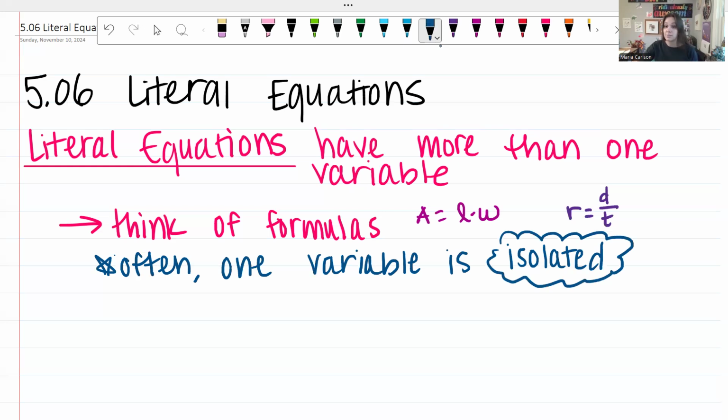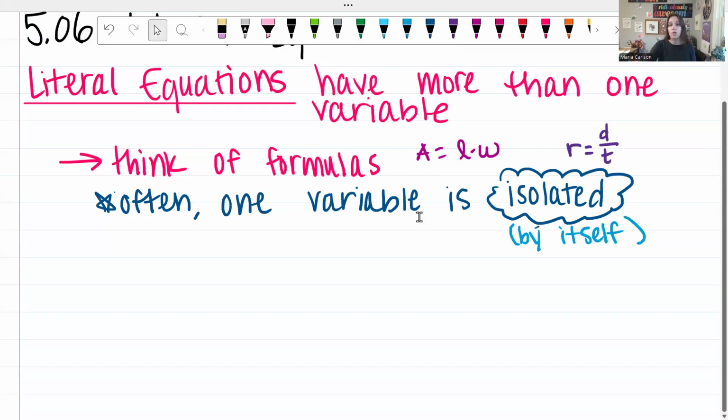And when we talk about something being isolated, that really means that it's by itself. So in the two examples I provided up above, A is by itself and R is by itself. Those are the isolated variables. Now we can solve literal equations. We can try to find or isolate a different variable, and we will use inverse operations to do this.